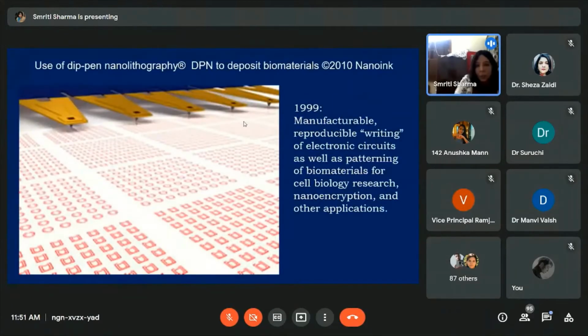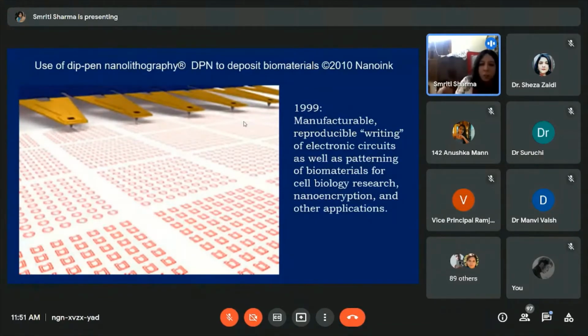This was very important. This is dip pen nanolithography, DPN. I will also discuss this again in my lecture. So you can write at the nanoscale, with a nano nib and nano ink. Have you heard of the atomic force microscope?